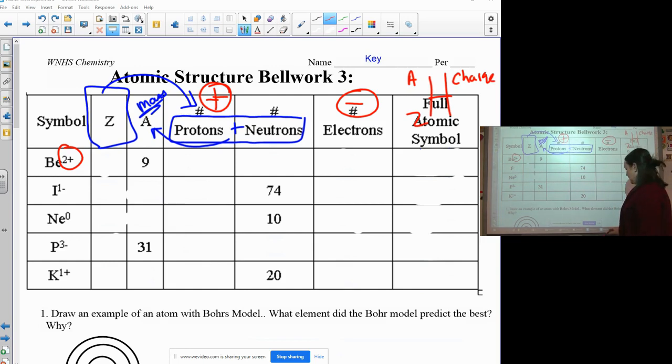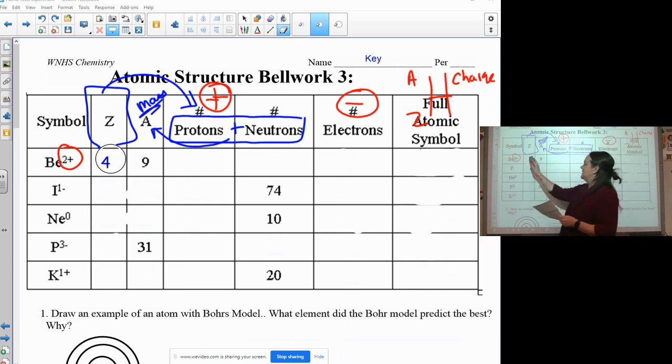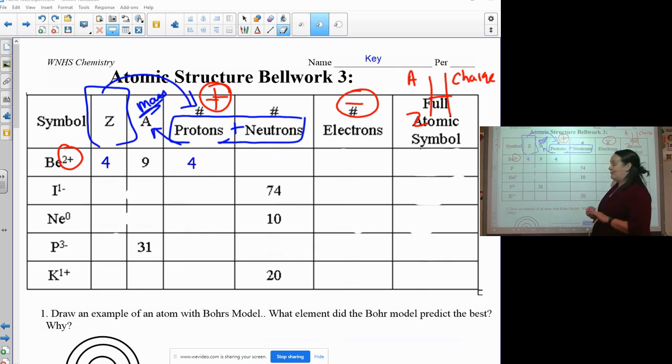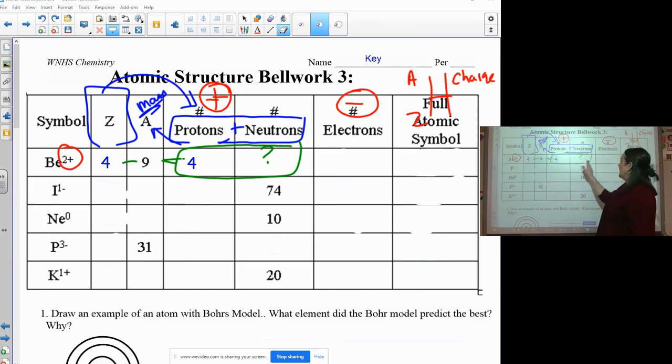So I'll do a few with you, and then I'll leave you to finish the rest of this on your own. So Be 2+, so I looked this up. It's over on the left-hand side. I see that the Z is 4, so that means I have 4 protons. How do I get the number of neutrons? Well, 4 plus what equals 9, or you can just subtract those, and that will give me that I'll have 5 neutrons.